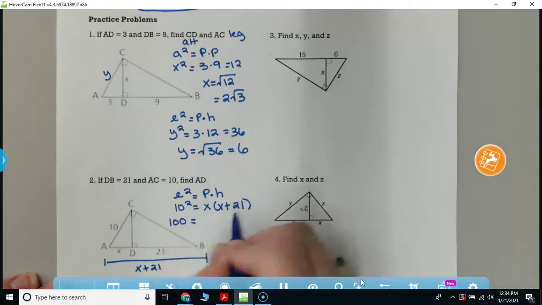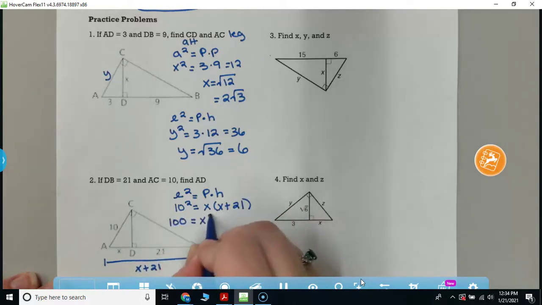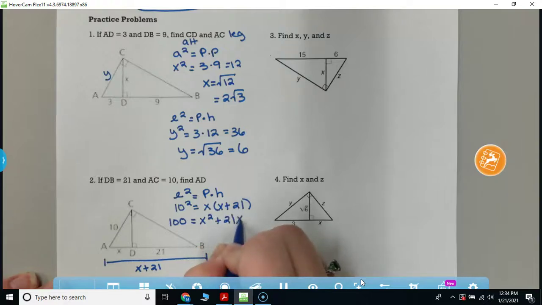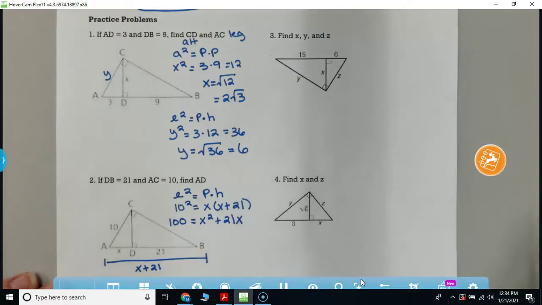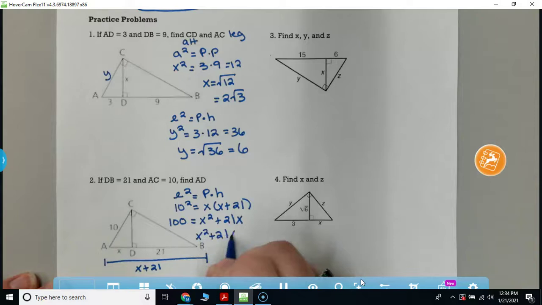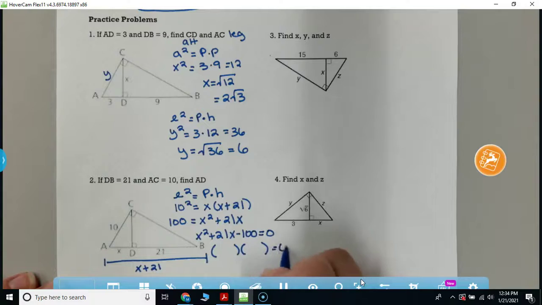So 100 is equal to, I have to distribute that x, and I now have a quadratic, but we know how to solve those. We just need to get everything on one side and factor. So I'm going to move the 100 over, and now I just need to factor. So I'm looking for factors of negative 100 that add to positive 21.